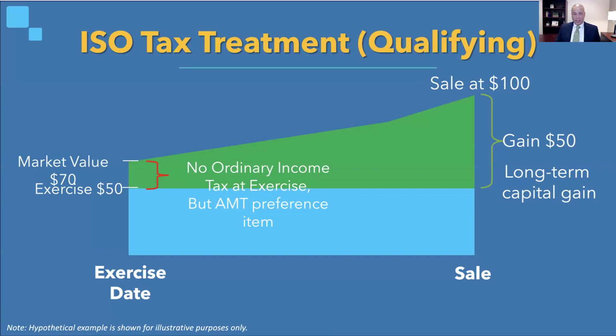However, you should keep in mind that when you exercise ISOs, it's considered a preference item with respect to calculating AMT. And as you may know, AMT, or alternative minimum tax, is a parallel calculation in determining taxes, with the intent of making sure that higher income earners pay some minimum amount of taxes, but that's another subject for another day. Just something to keep in mind there.